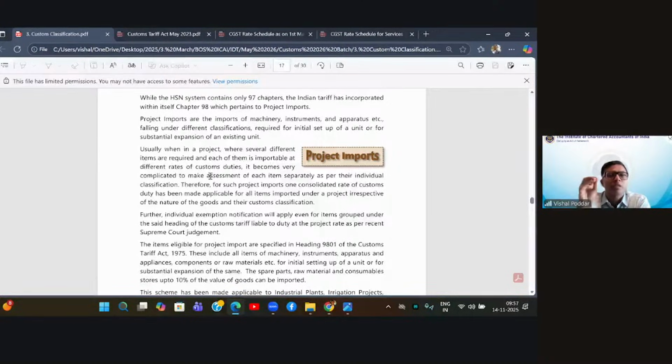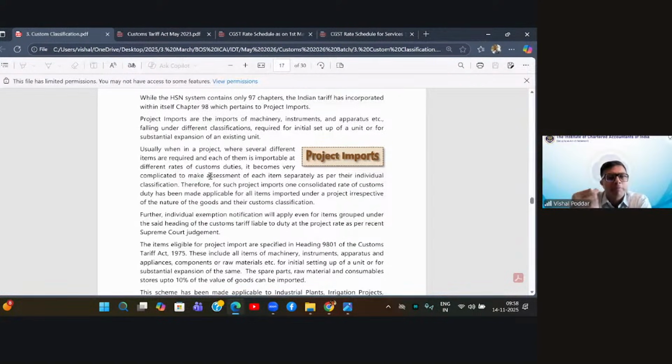And specifically this last part, which is project imports, is also a very important part. What is important in project imports is that even though multiple items are being imported, and these items are actually covered in different chapters because they are of different nature, as an importer you make a declaration at the start to the customs saying that over the next 2 years I will be importing all these items.